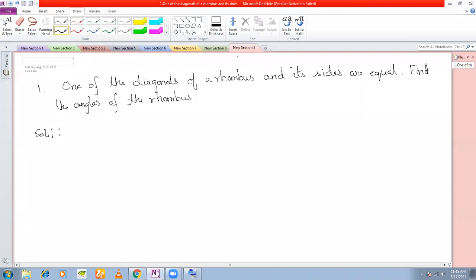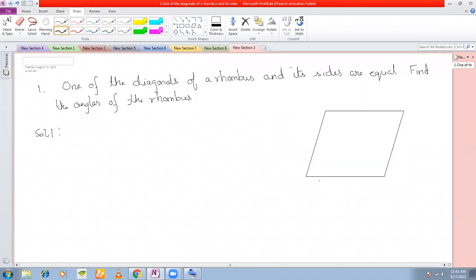So let's draw a rhombus first and see what it actually means. So this is our rhombus, ABCD. All the four sides are equal, and we draw the diagonals also.